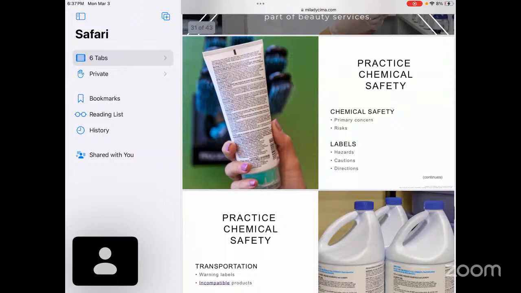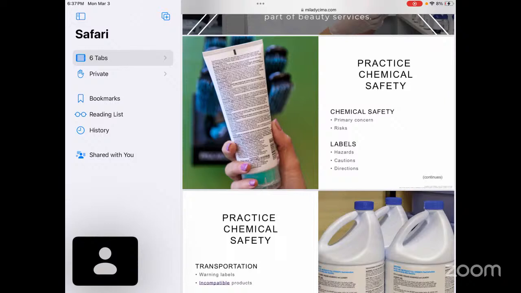Practice chemical safety. We need to always read our labels, okay? So chemical safety is a primary concern and there are risks to not reading your labels. The labels identify hazards, cautions, and give directions. Let me say that again.